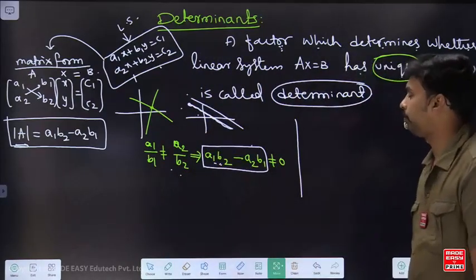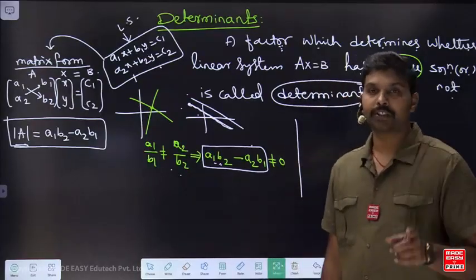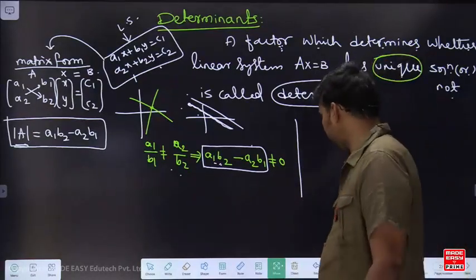Determinant can be found only for a square matrix. Only for square matrix. Okay?